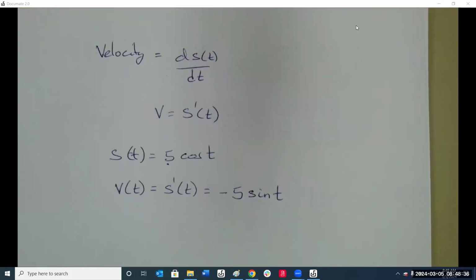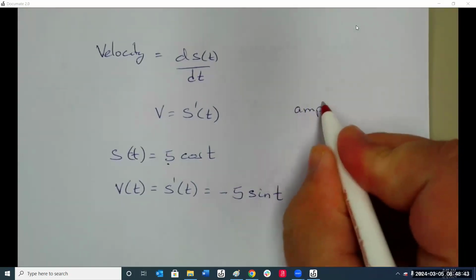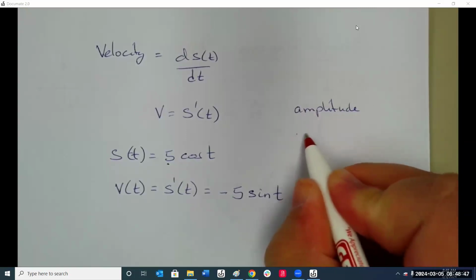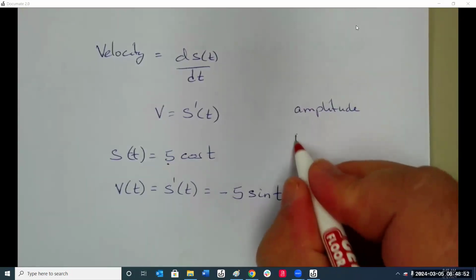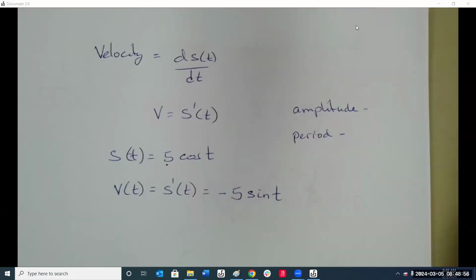When we deal with trigonometric functions, we always talk about amplitude, or we're doing phase shifting, and periods. So in our original position function, what's our amplitude? What does amplitude mean?